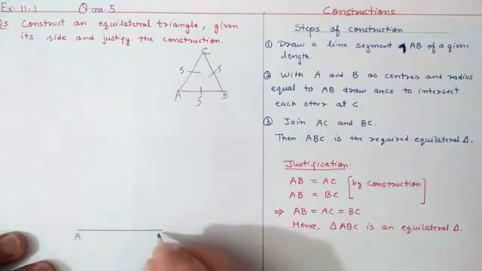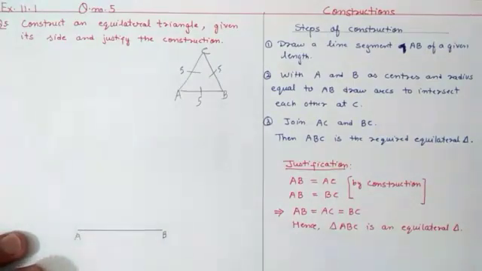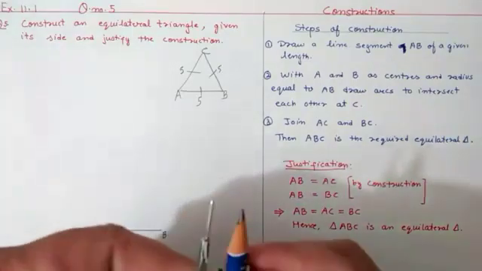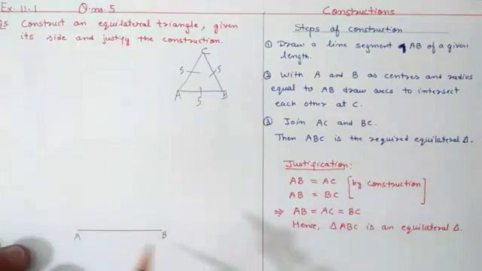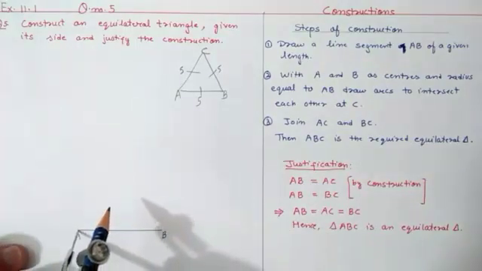For example, we have drawn here a line segment of some length. After that, we have to take a compass and open it more than half, without changing the radius.